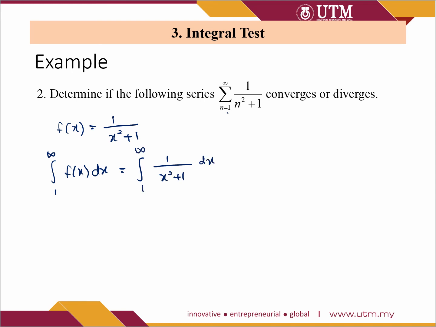Remember that you have to represent this integration as an improper integral, so you have to change it to the limit of the integral of 1 over x squared plus 1 dx from 1 up to t, where t is approaching infinity. Solving 1 over x squared plus 1, you will get inverse tangent of x.